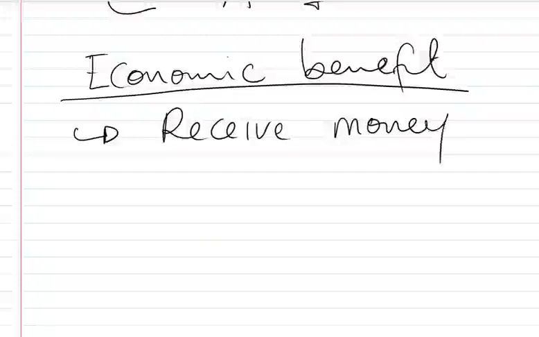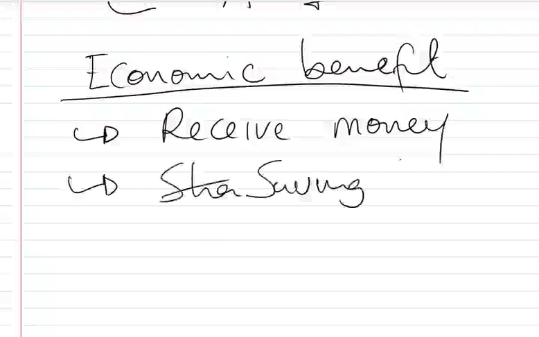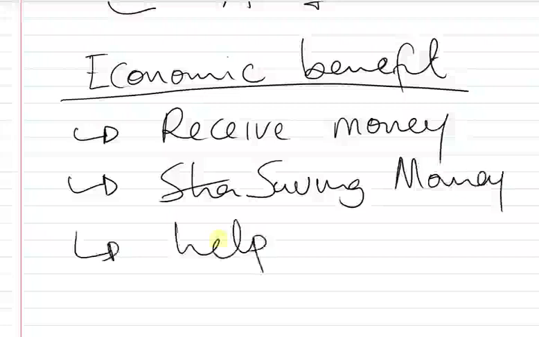So we might receive money, right? That's an economic benefit. We might save money from using that one. It might help with some activities of an entity.